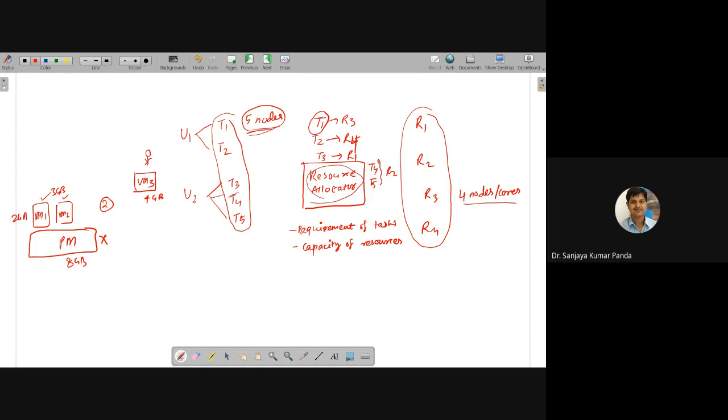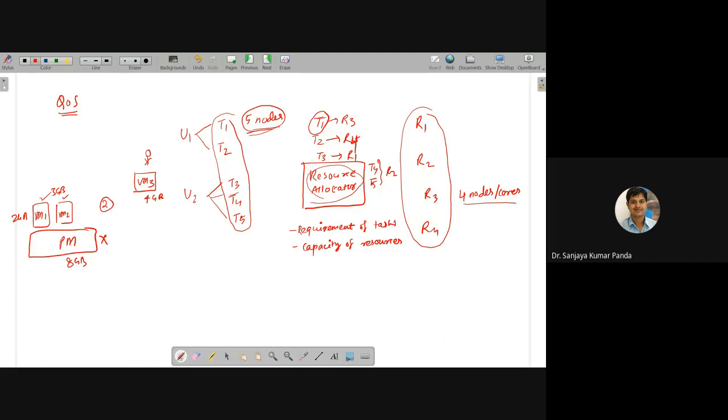Not only that, they also look into one parameter called quality of service, which we call QoS. What is quality of service? If the user has given some specific requirement that you have to fulfill, like when you place an order for food and mention a specific requirement, you have to specify whether that requirement is very sensitive or less sensitive.